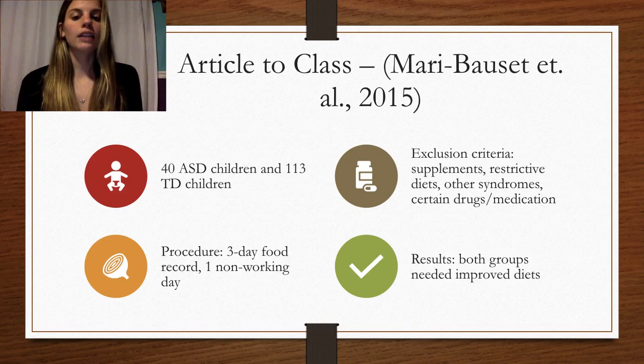They could not be diagnosed with a genetic syndrome known to be associated with autism, such as Fragile X syndrome, and they could not be taking any drugs or medications that could modify their food intake or requirements. This criteria applied for both groups of participants.